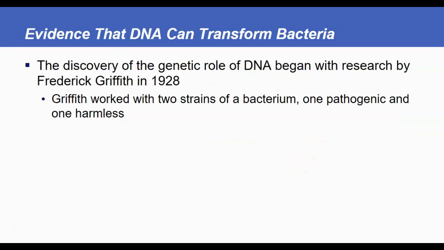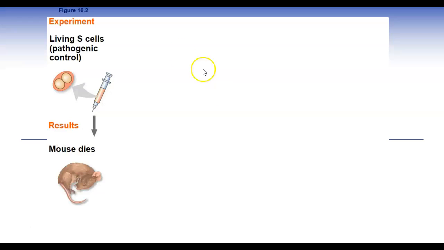So one of the first amazing experiments was done by Frederick Griffith in 1928. And what he was doing is he was studying different types of pneumonia, a pneumococcus, so a bacteria. And he had one strain that was smooth, that was able to kill the mice. So this was a lethal pathogenic strain, smooth cells that had this capsid.